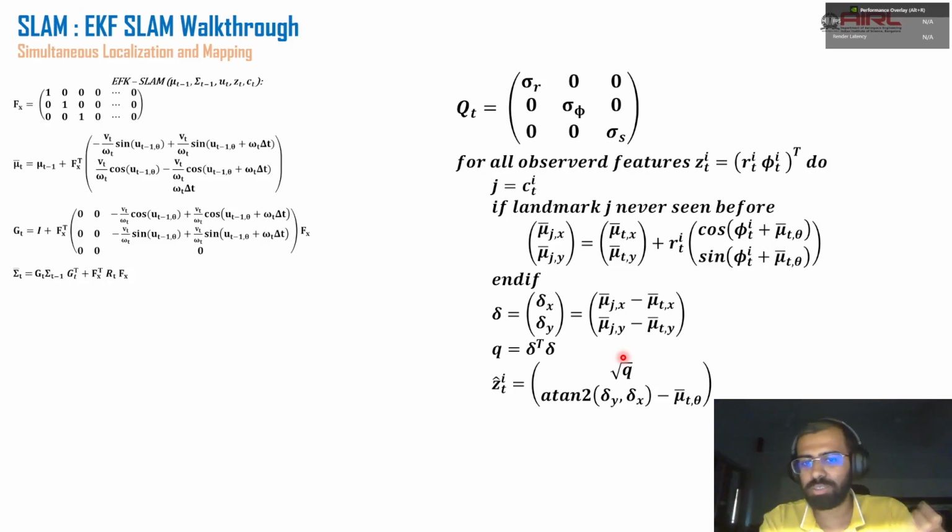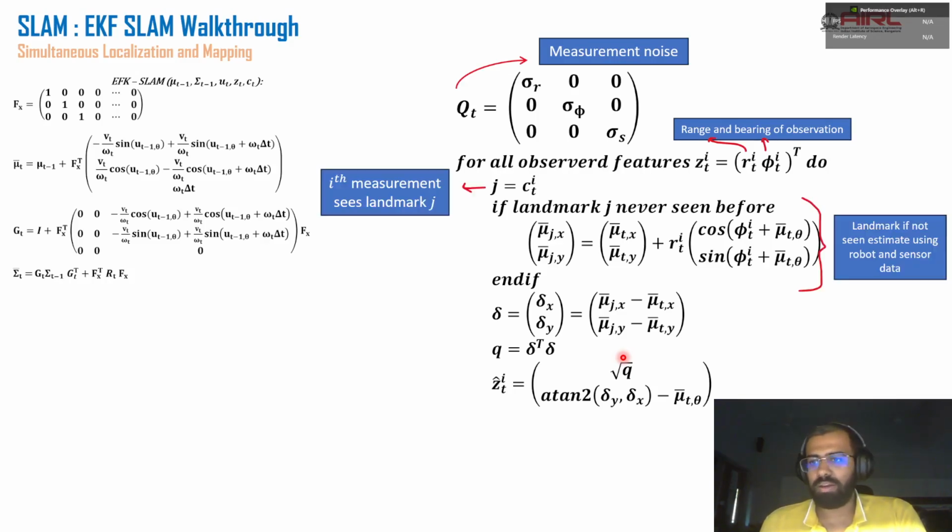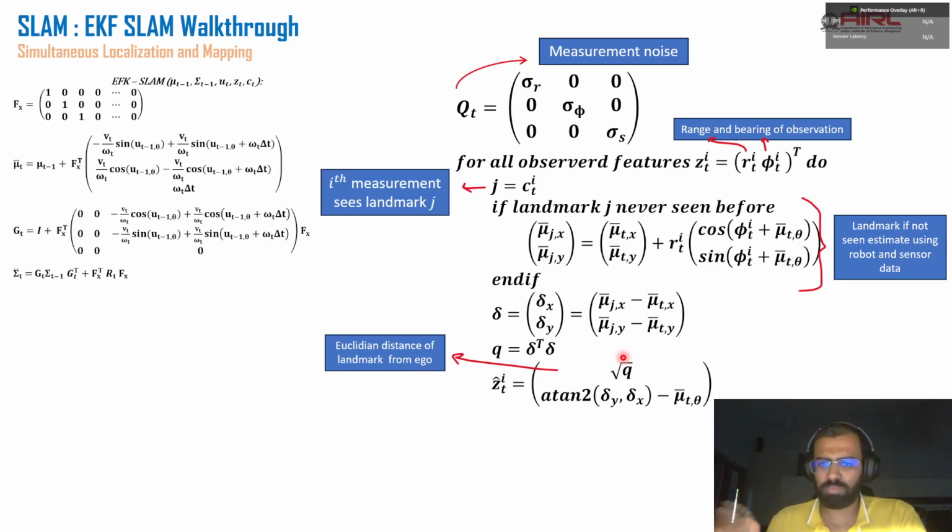Because we have noisy data on my landmark as well. So that's another thing. Right, so we have measurement noise in this landmark data if the robot has not seen it. If it has, then it just gets on with life. Now what it tries to do is figure out the Euclidean distance to the landmark from the ego as well as the relative bearing. So fine.